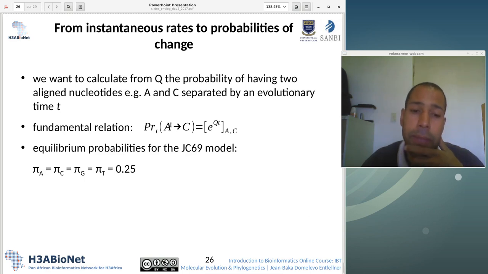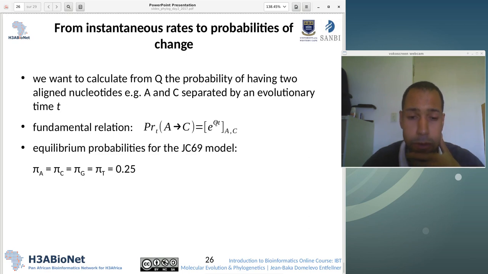So the beauty of the Q matrix is that it gives you straightforwardly, with one matrix exponentiation, these probabilities. So we have the matrix exponentiation of Qt that is used here, and you take out of this matrix.